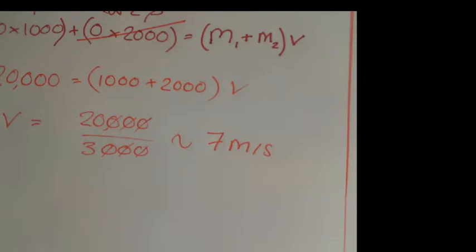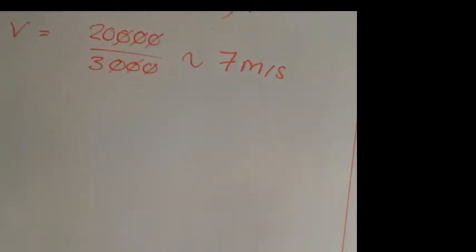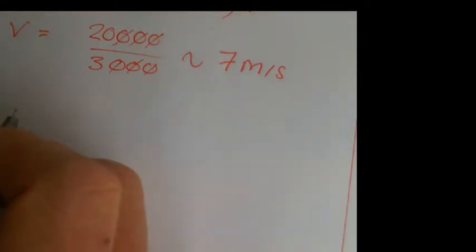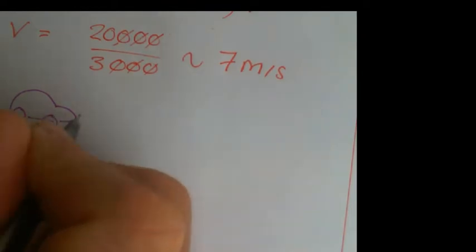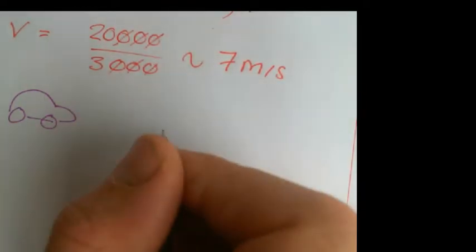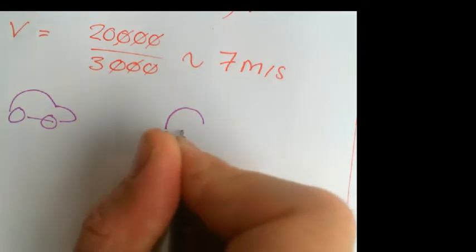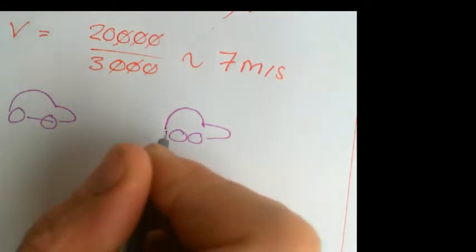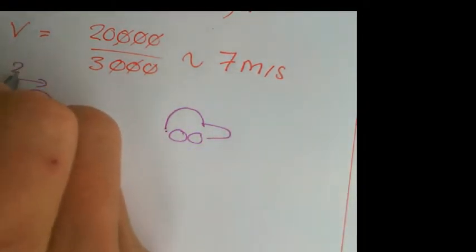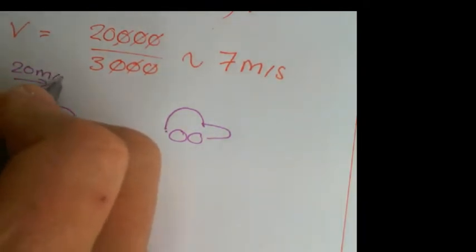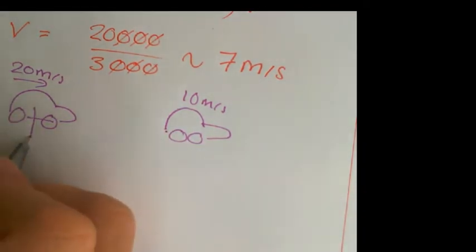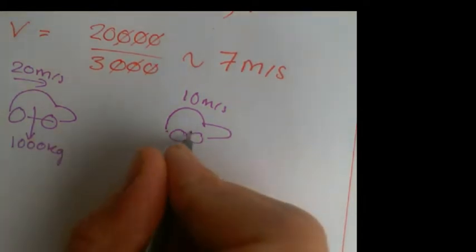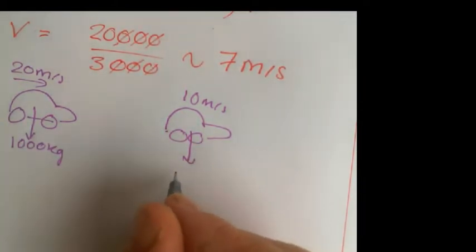Okay, so let's do an example where the second car is actually moving this time. So I've got 2 cars again, and this car is doing 20 meters per second again, just to make it easy, and this one is doing 10 meters per second. This one has a mass of 1,000, and this one has a mass of 2,000.